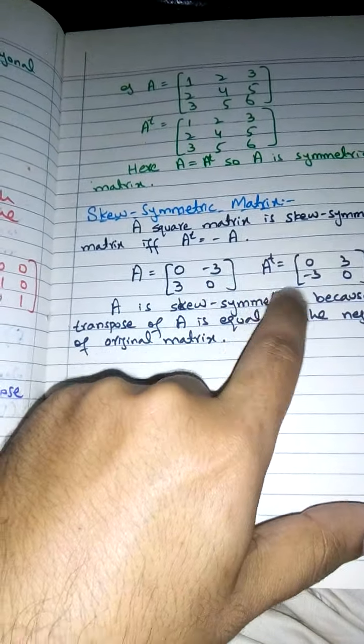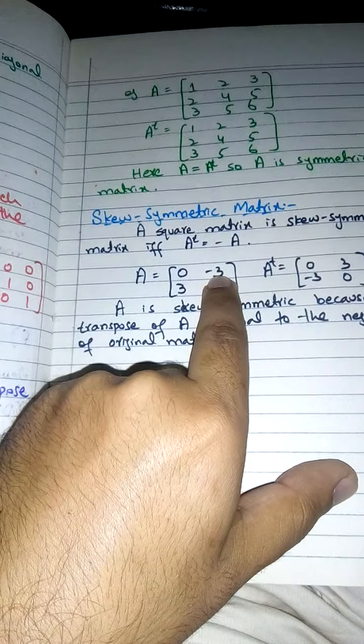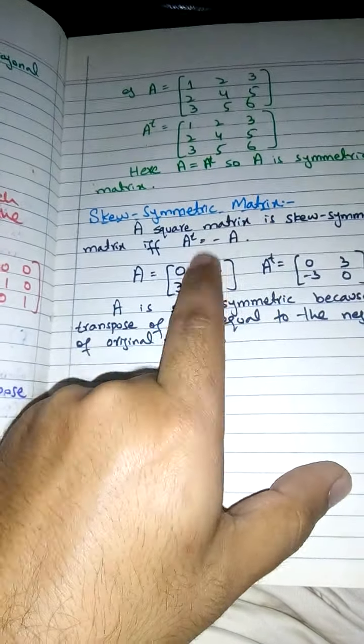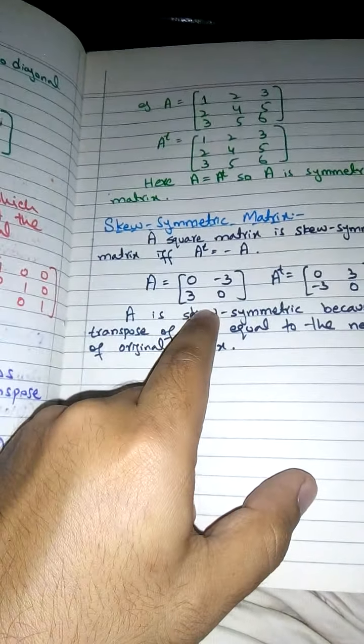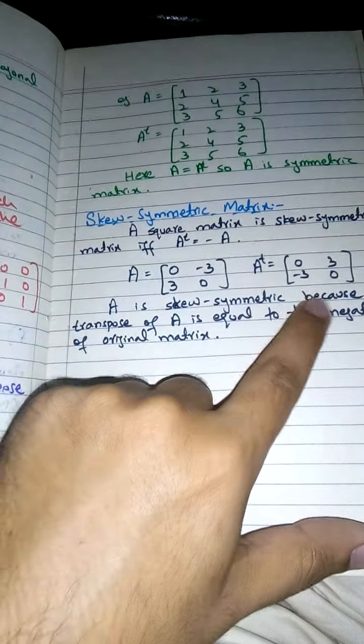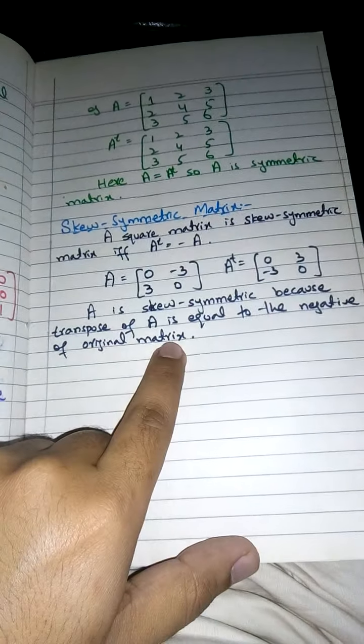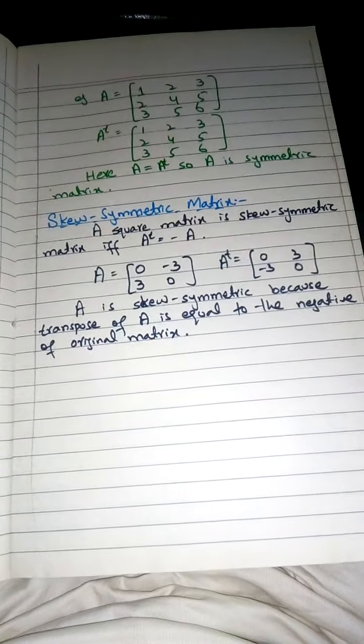In this, the second element is 3, here it is also 3, but the signs are changed, positive 3, negative 3. So A is skew symmetric because the transpose of A is equal to the negative of the original matrix.